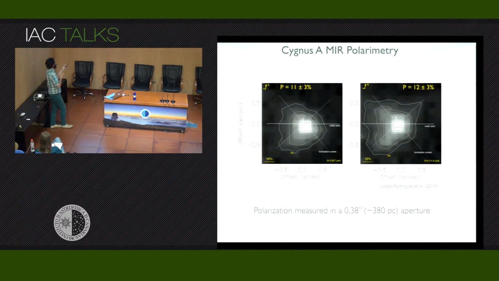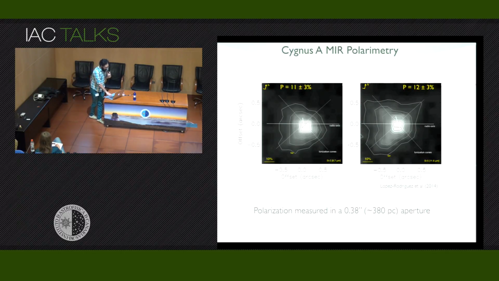So we needed to check the images a little bit, but still we obtain 11 and 12% in comparison with another polarized and unpolarized standard. And the polarization was measured in the full width at half maximum of the object, around 400 parsec.